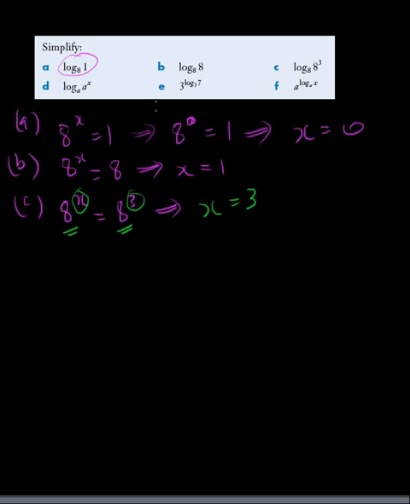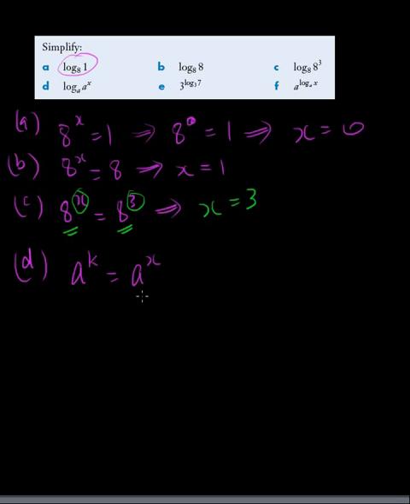Let's do D. In D, we can see log base a of a to the power of x. So if I have log base a, right? So the base is a, to the power of something. Let's call this k, is equal to a to the power of x, right?